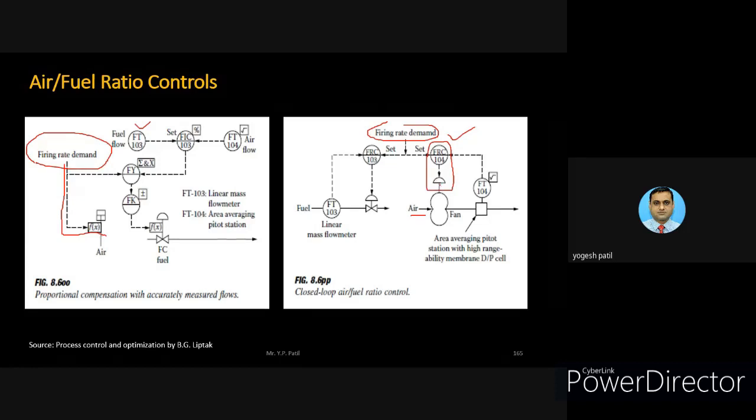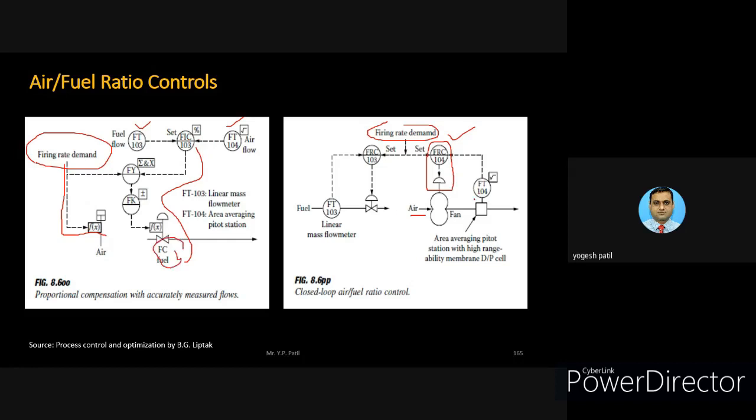With the help of this flow measurement, the loop is closed over here. Here the loop is not closed for the air side. This air side flow rate is used to control the fuel flow rate. You can see this air flow rate gets measured by this flow transmitter, but it is used to control the flow rate of the fuel, not the air.